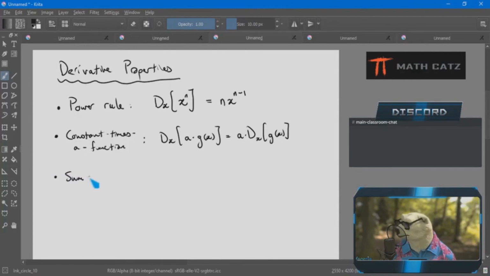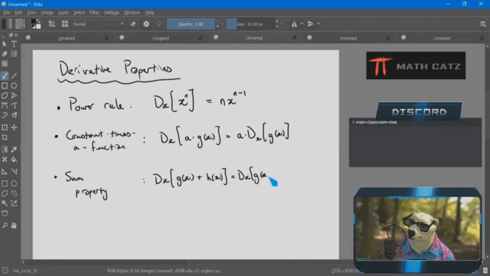Next property is the sum. I'm going to leave a space here. The sum property says that if I can see my function as two functions added together, then I can look at the derivative of each of those terms and add them up after the fact.